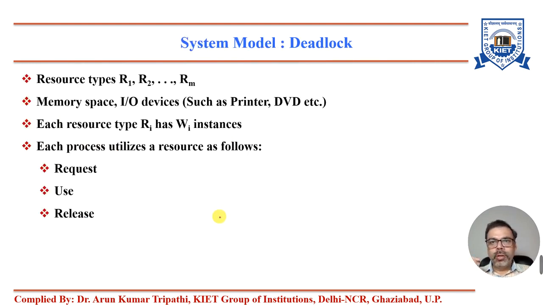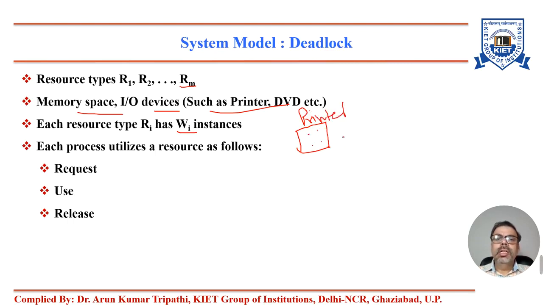When we discuss the deadlock system model, we must represent the resources. Resources are represented by R1, R2 up to Rm, and they are memory, printer, etc. Each resource has some instances. For example, suppose a printer is a resource and the printer has four instances, meaning four HP 1020 printers are connected to a computer.